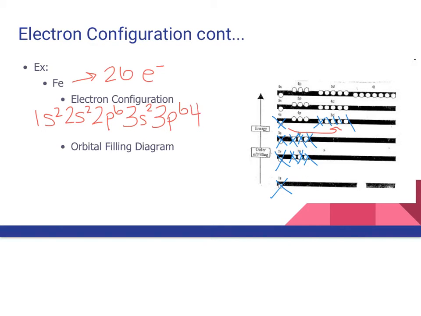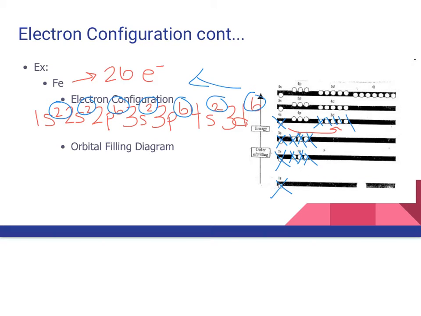After the 3p, I went to the 4s, which contained 2 electrons, and then finally over to the 3d, which had 6. If I were to add up all of these numbers of electrons, I would see that the total is equal to 26. So the electron configuration for iron is 1s2, 2s2, 2p6, 3s2, 3p6, 4s2, 3d6.